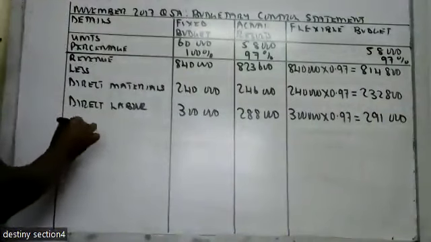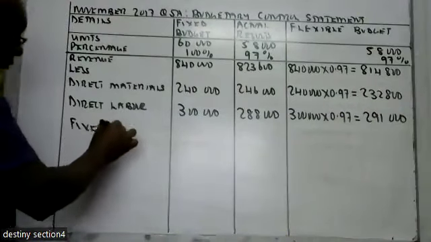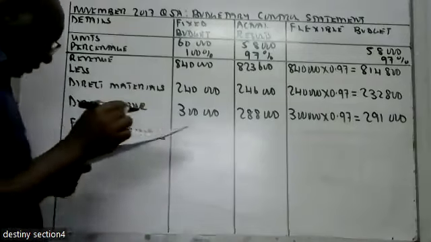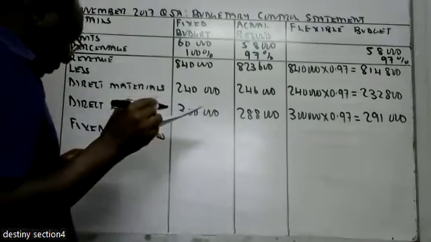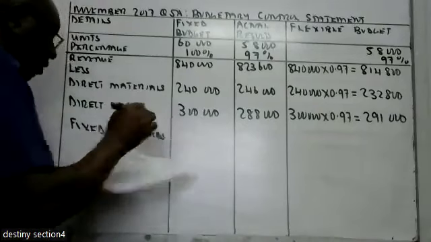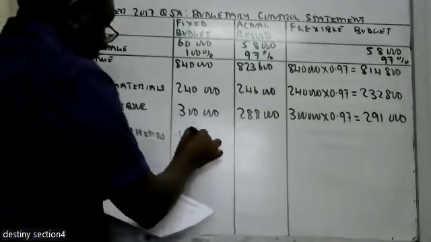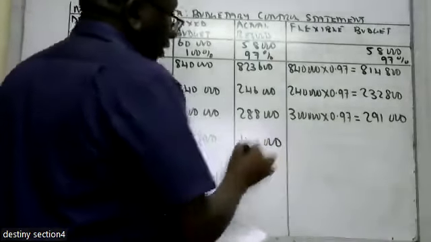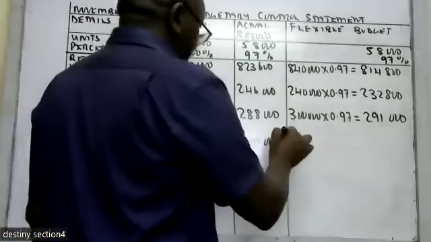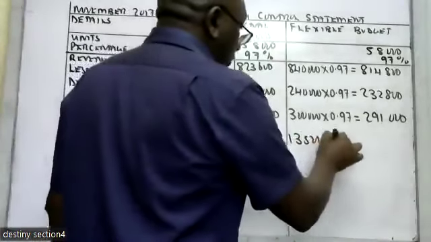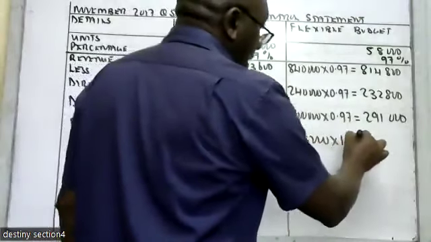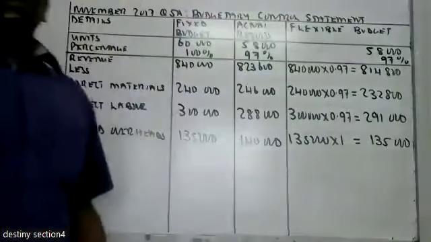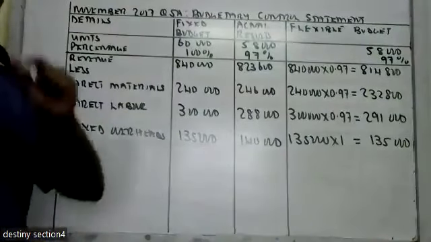Haya, fixed overheads. Fixed overheads, they are 135,000. Na hii ni 1. Sasa hii 135, you don't multiply by 97, but you multiply by 1. Because I've been telling you fixed cost is fixed because it remains unchanged.